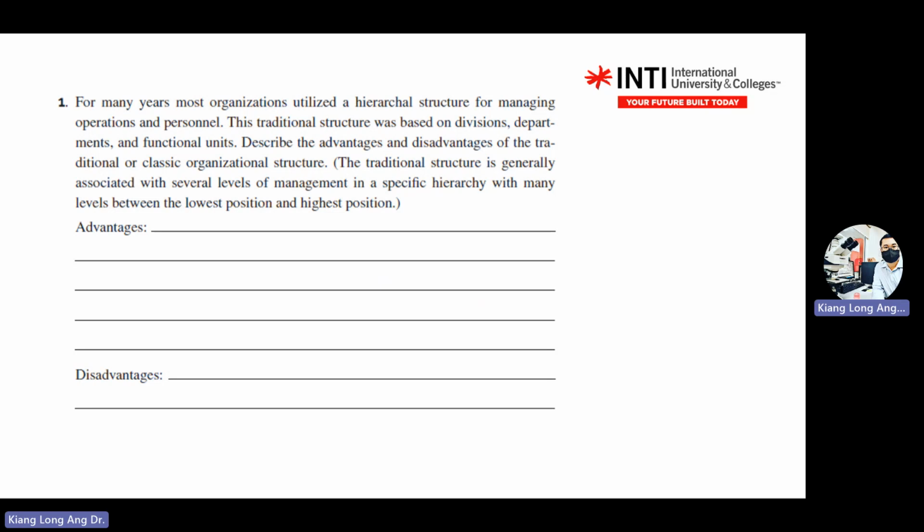Okay, why? Why do you say it is easier? Okay. So to better answer, rearrange your answer. For an organization chart, there are two directions of reporting. One is vertical. One is horizontal.